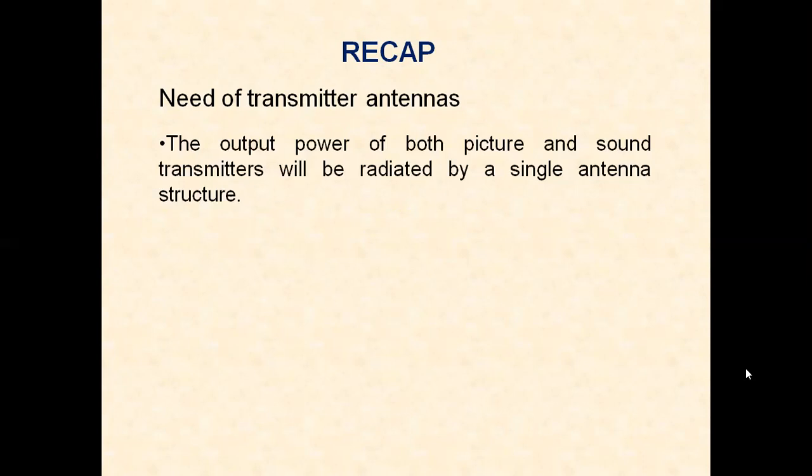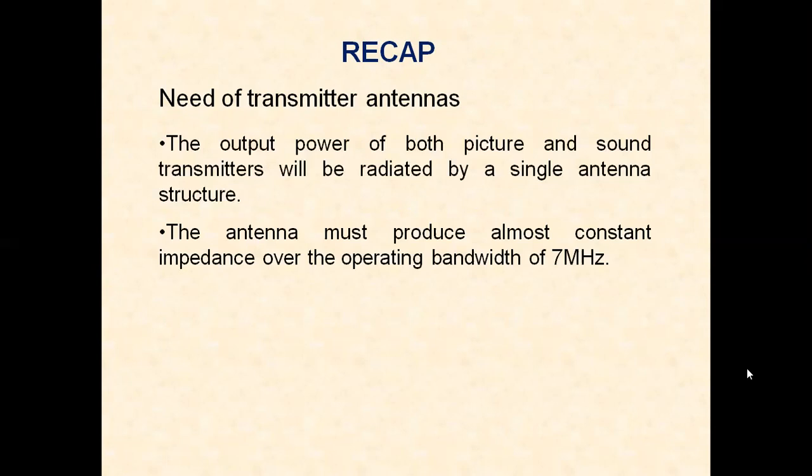The output power of both the picture and sound composite video signal must be radiated by a single antenna. So we have a transmitting antenna for the purpose of TV transmission. The antenna must produce almost constant impedance over the operating bandwidth of 7 megahertz.